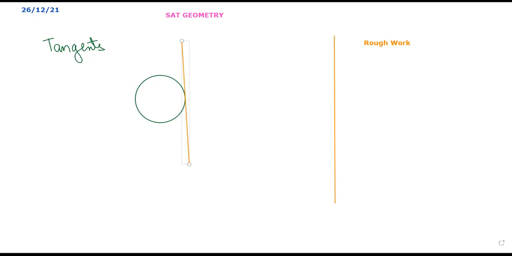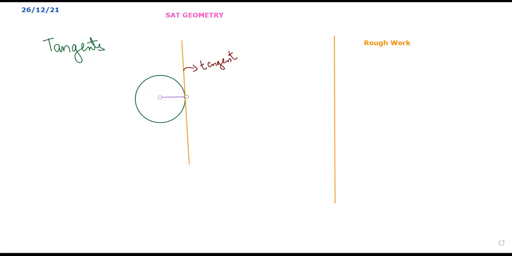And it is intersecting the circle at one point only, okay? So this is basically the tangent and this is the point of intersection, right? So there are a few things which you should keep in mind when you come across such a question. Now again, this is the center of the circle and this would be the radius.